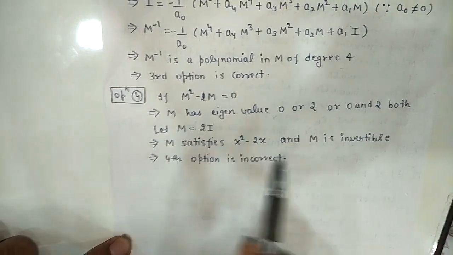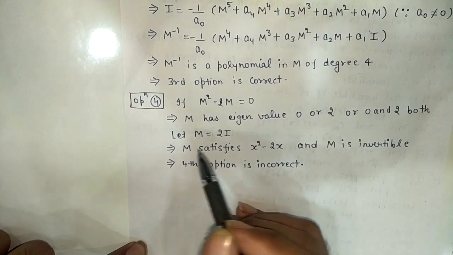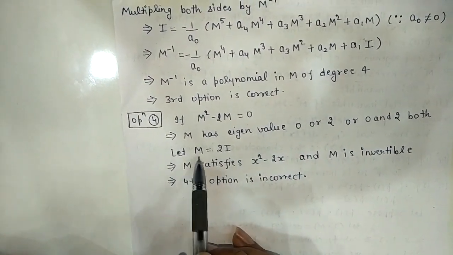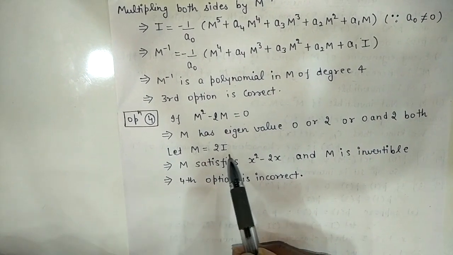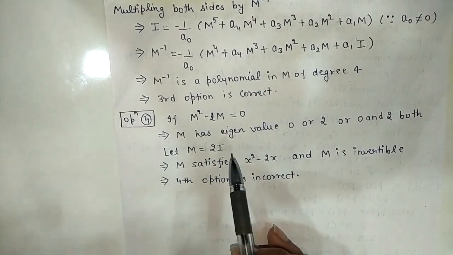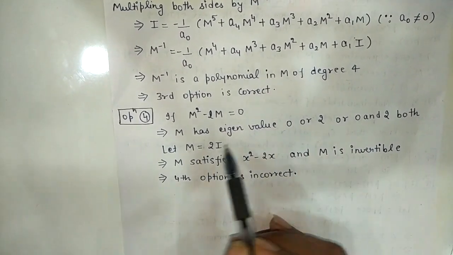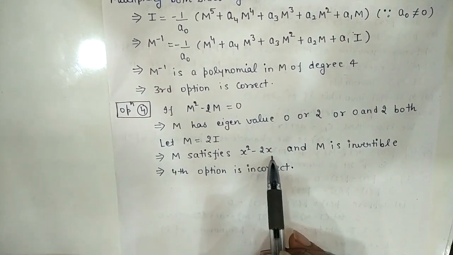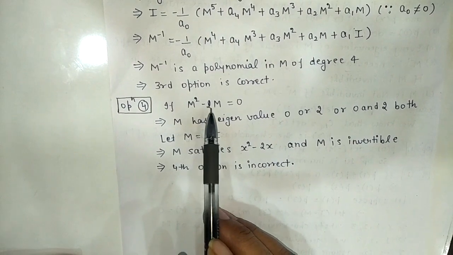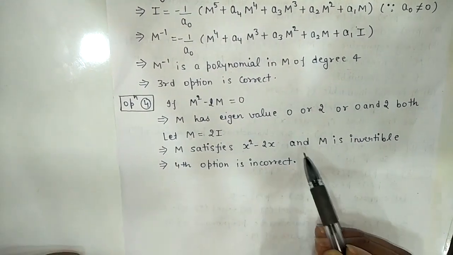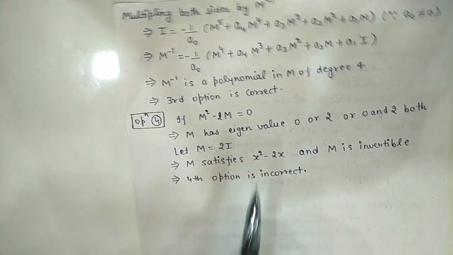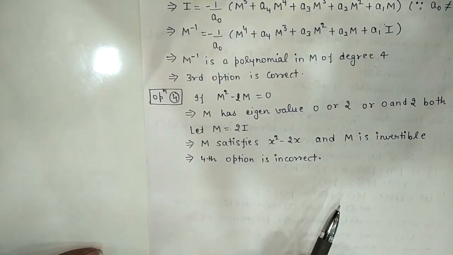For this, we let M be equal to 2I. So M has only the eigenvalue 2, and M satisfies the equation x square minus 2x, that is M square minus 2M equal to 0. But this M is invertible, so this fourth option is incorrect.